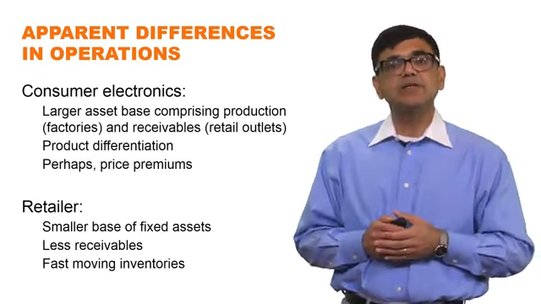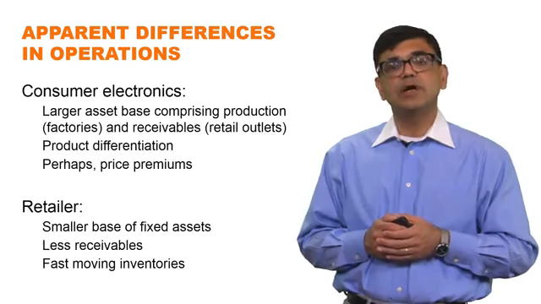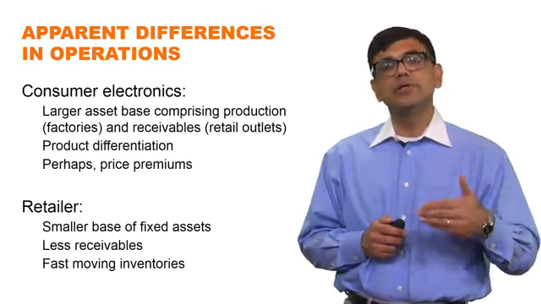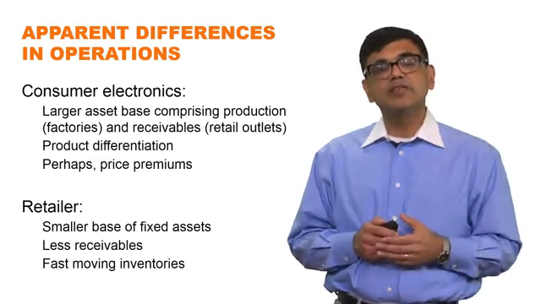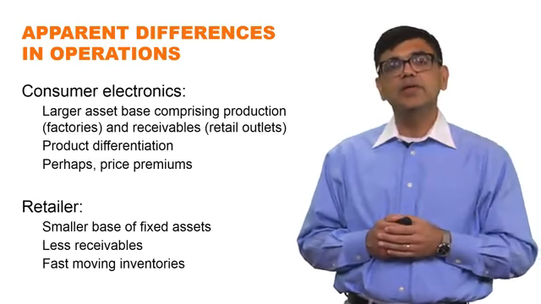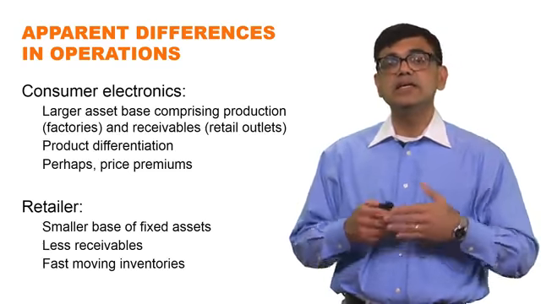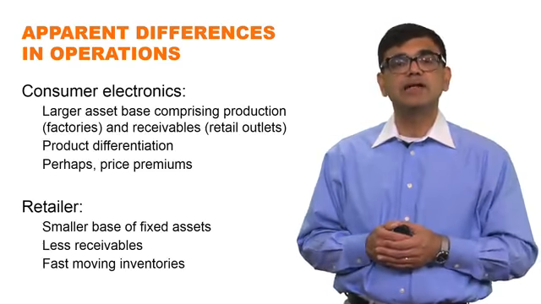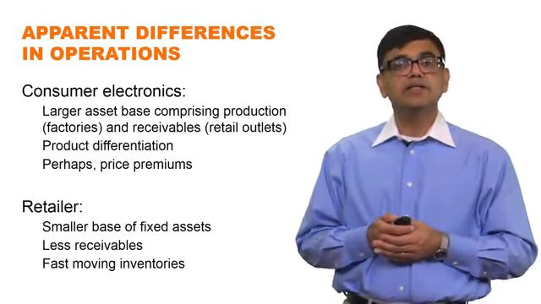I took these figures from the balance sheet and income statement of Apple, and for the retailer I had used Walmart. So these were the two companies from which I used the figures. For the consumer electronics company, now that you can think about Apple, it has a larger asset base because it needs factories, assembly lines for production of its products, and it may be giving credit to its customers.